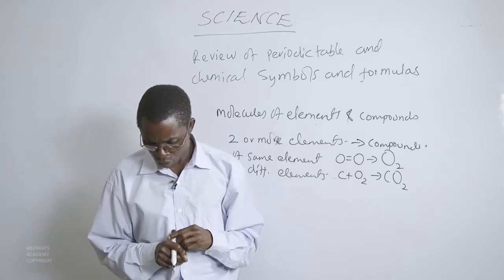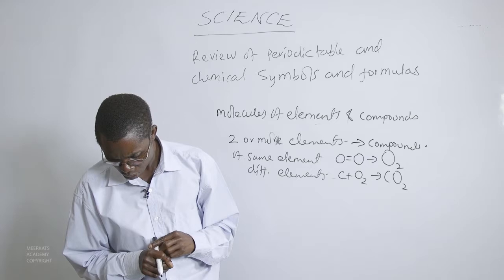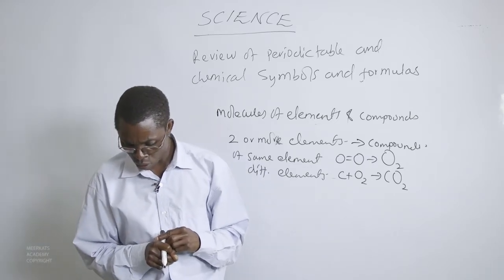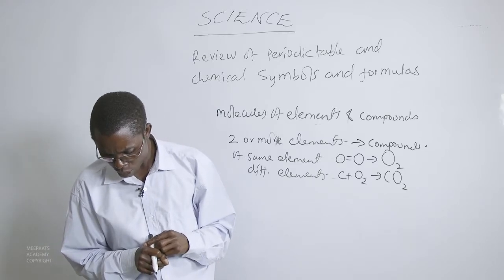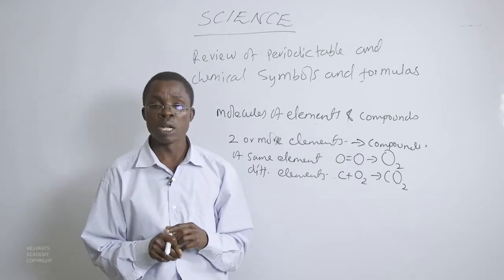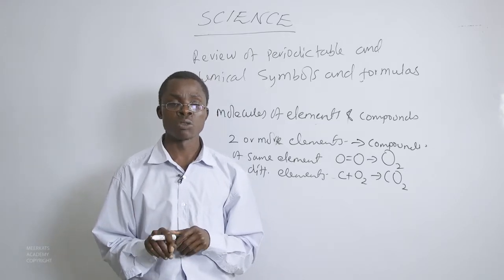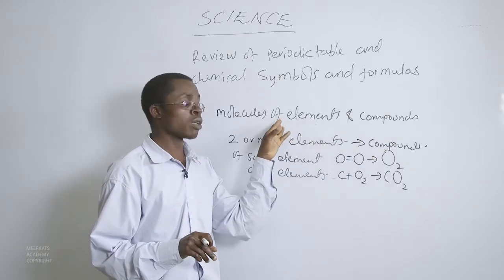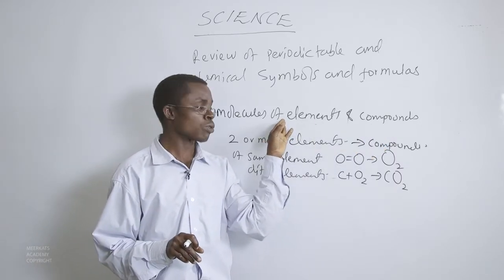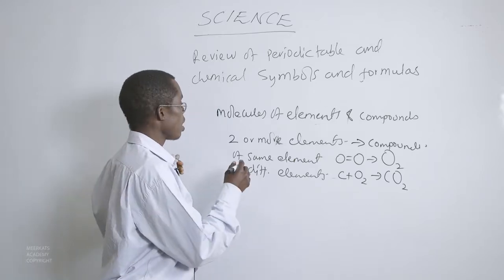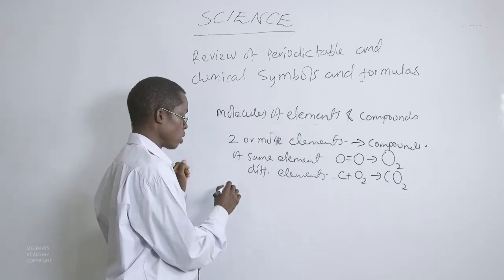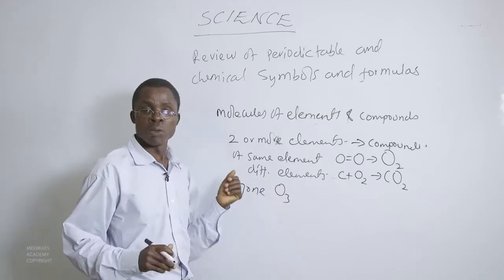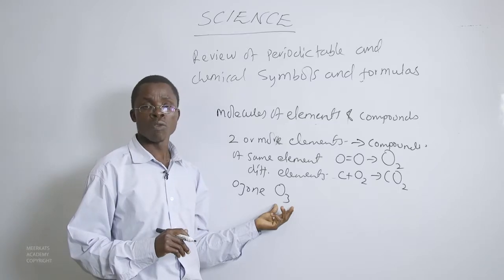C, molecules of compounds have more atoms than molecules of elements. That one is not always true. An example is, if I have a molecule of an element like ozone, written as O3, meaning that it has 3 atoms of oxygen.